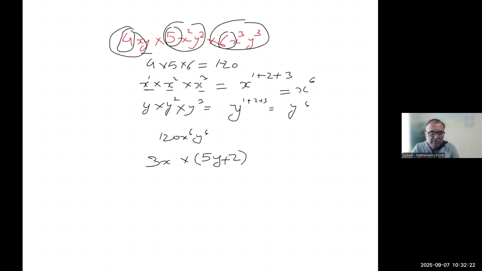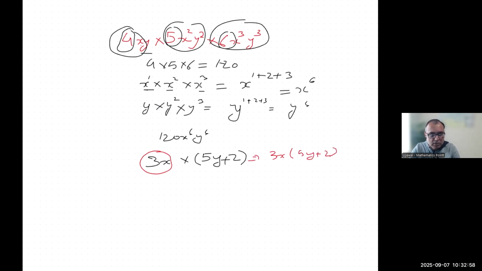I can see a lot of you giving the right answer here, which is good. What are we going to do here in case this is new to you? This monomial that is sitting outside, first things first, in algebra, we are very lazy. We don't write the multiplication symbol as such. So I can write this as 3x(5y plus 2).